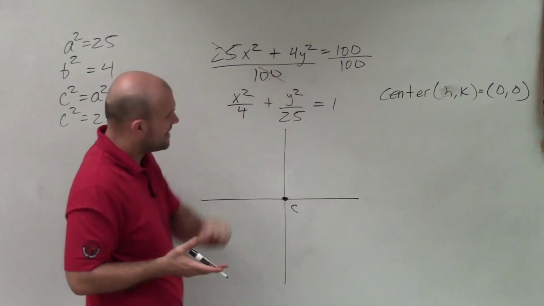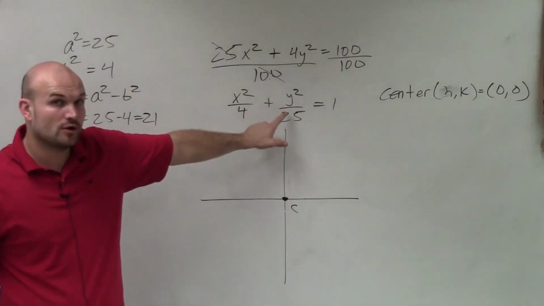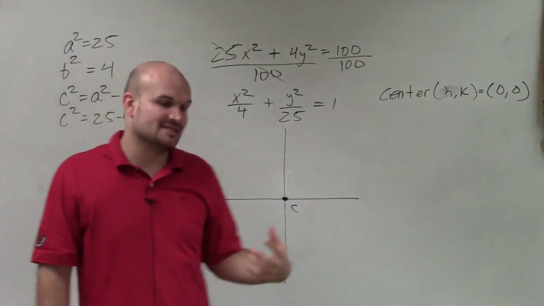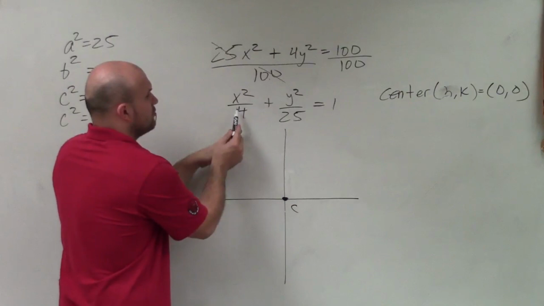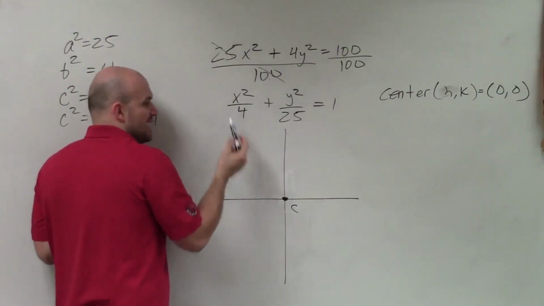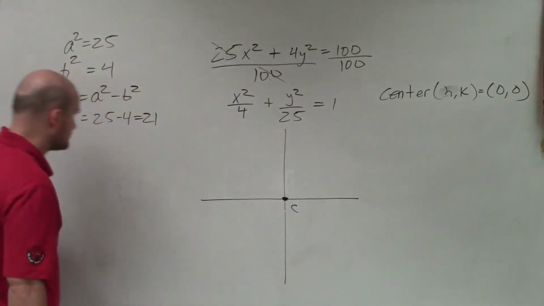So I go back and look at my equation. Whenever my a is under my y coordinate of my center, my major axis is going to be vertical. If these 25 and 4 were swapped, then my major axis would be horizontal because it would be under the x. So now I know my major axis is vertical.